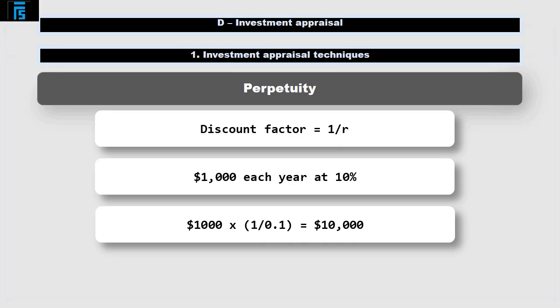This makes sense now we've got the answer in front of us. If we invested $10,000 into a bank account today in a world with 10% interest rates, we could withdraw $1,000 each year forever.